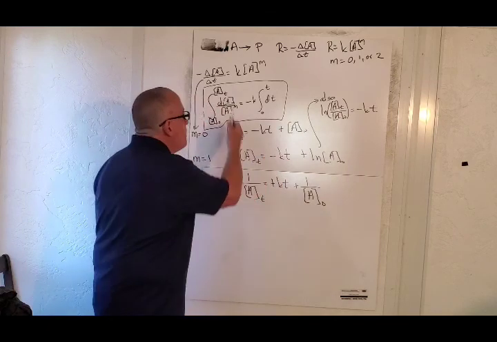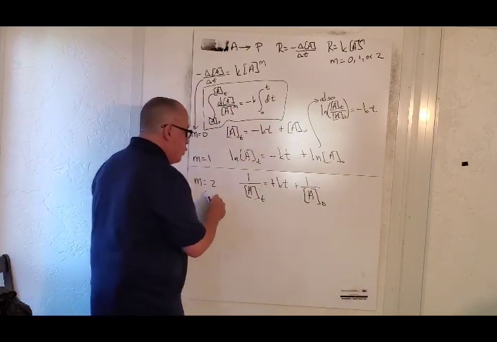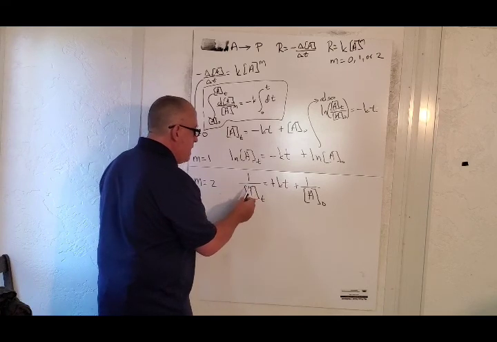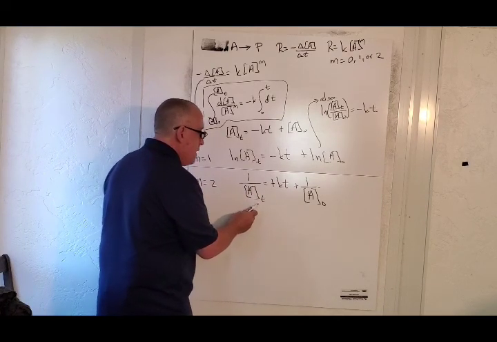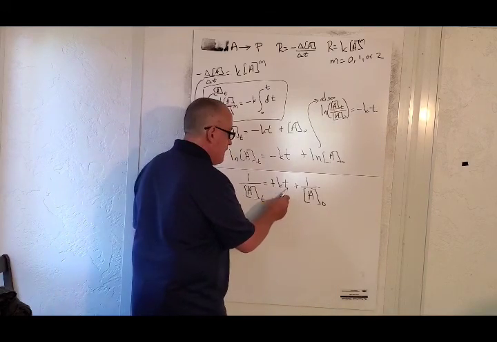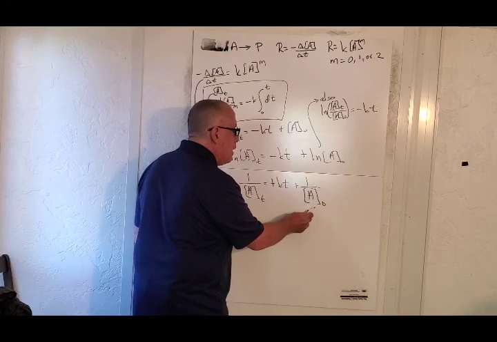Where did that come from? Calculus magic. If M is equal to 2, then I end up with 1 over the concentration at a point in time is equal to positive KT plus 1 over the starting concentration.